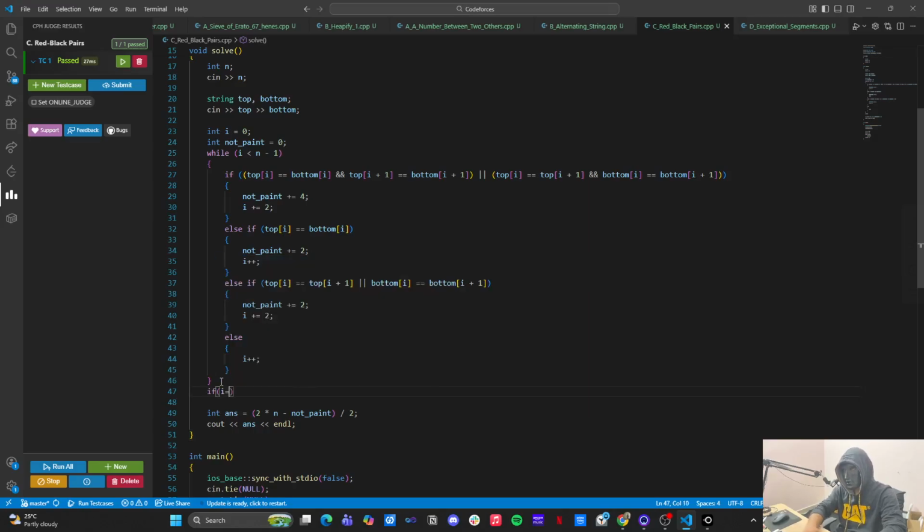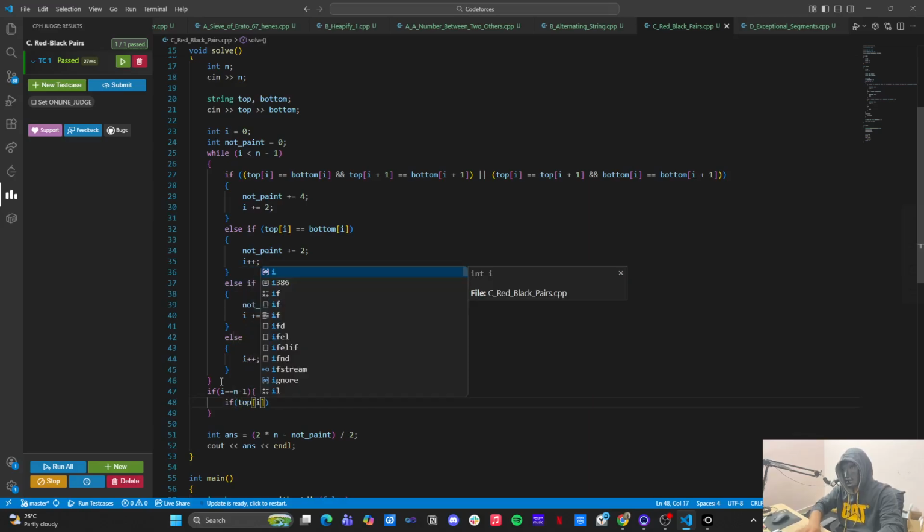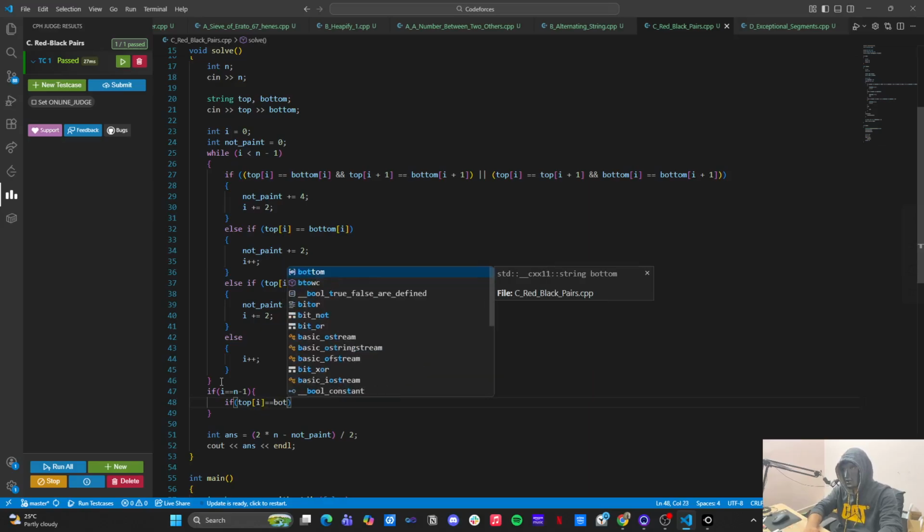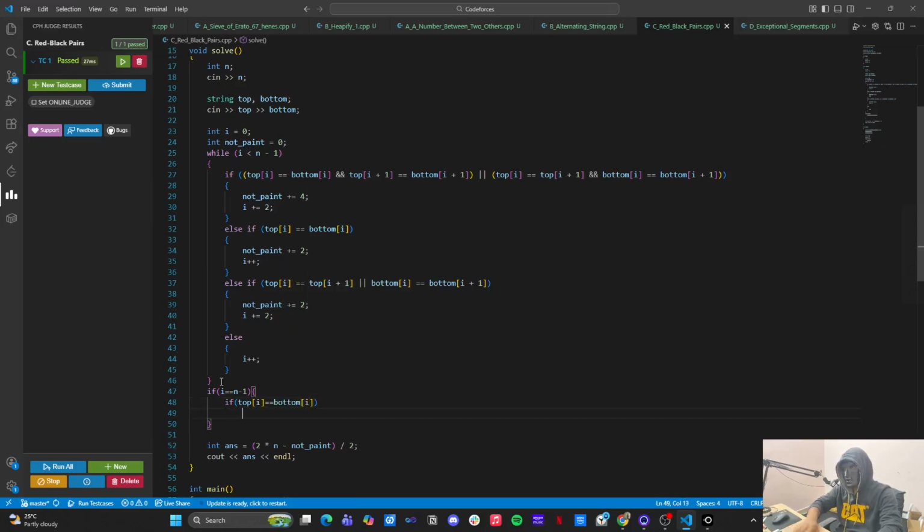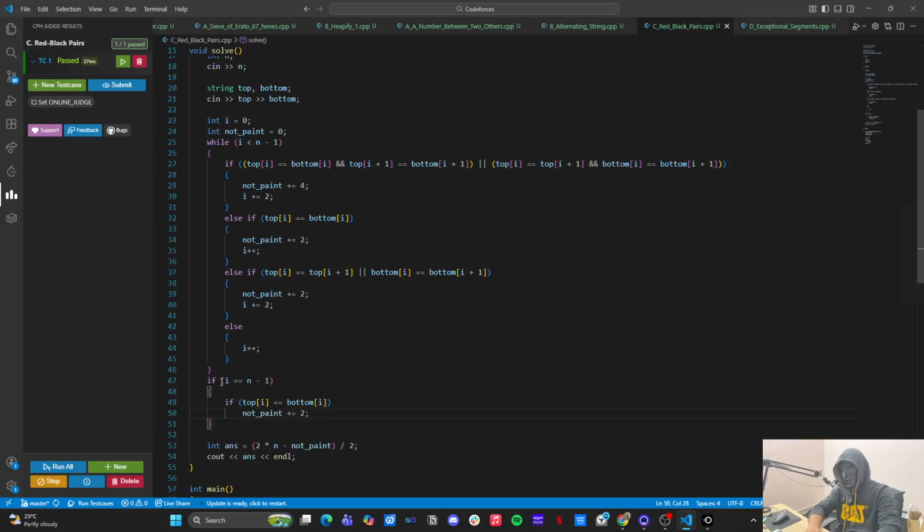If your i is n minus 1, which means it's the last case, then we'll have to check if top of i is equal to bottom of i, then you'll not be painting the two cells. If they are not equal, which means you will have to paint one cell, right?